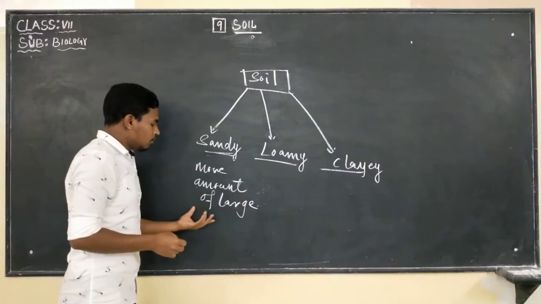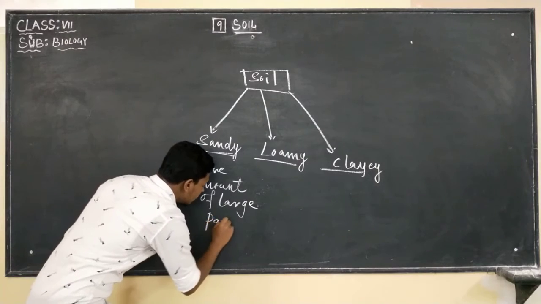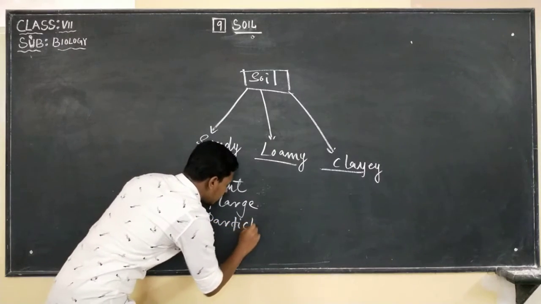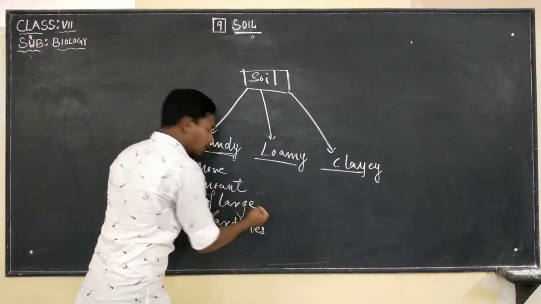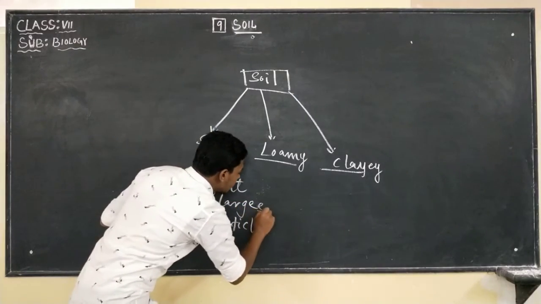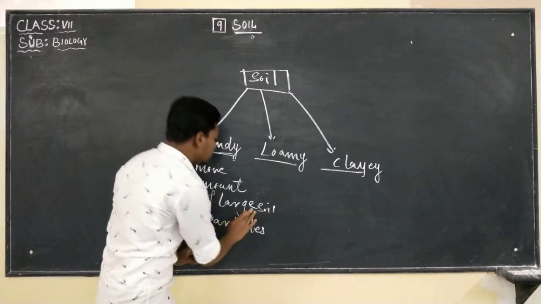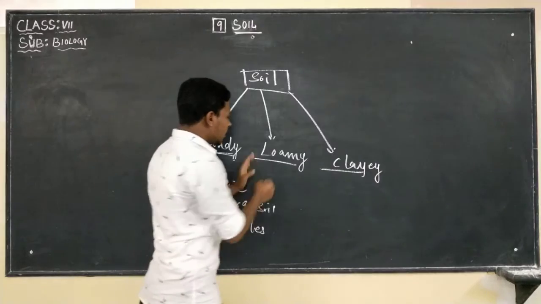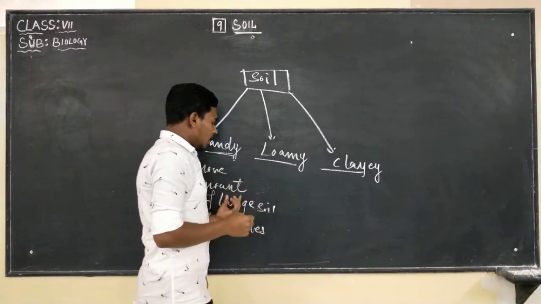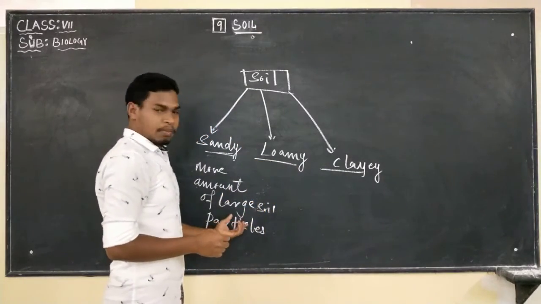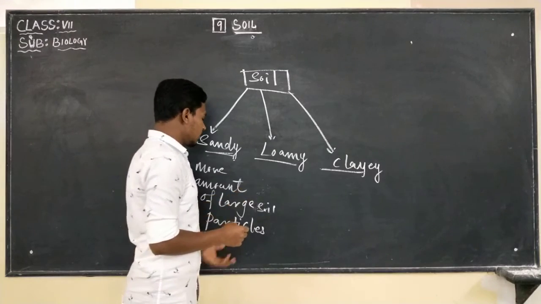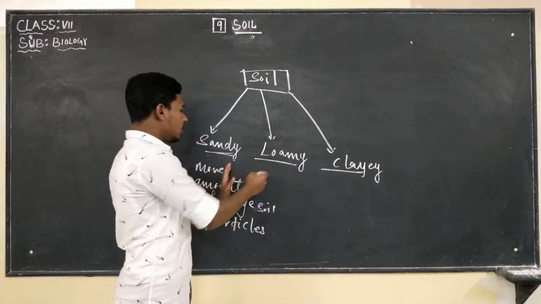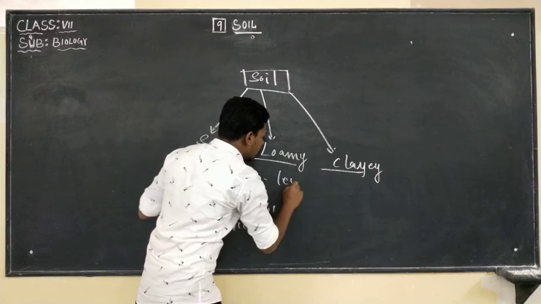In sand we find more amount of large particles. More amount of large soil particles we find in sandy soil, and in loamy soil, less amount of large particles compared to sandy soil.